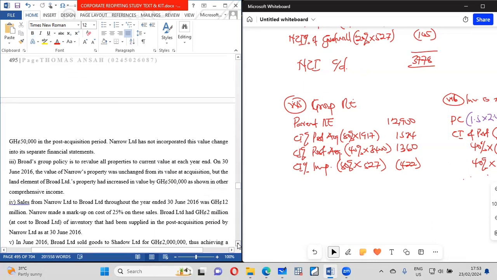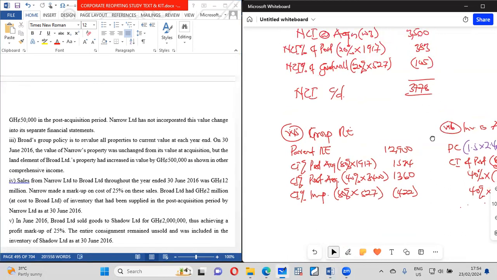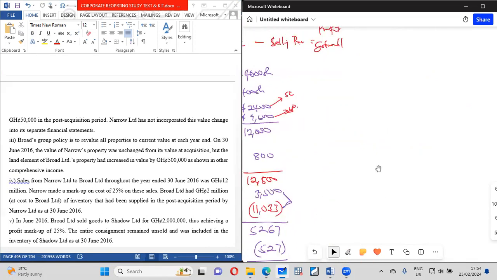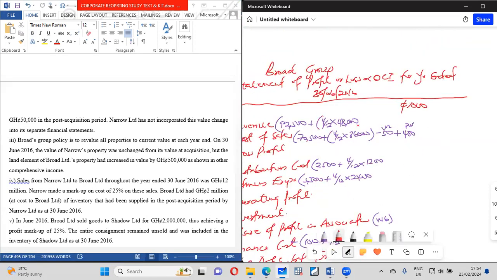Sales from narrow to broad, we did that. It was 12 million. So with this 12 million in your P&L, all you need to do is minus 12 million group sales. I think this one is cool.